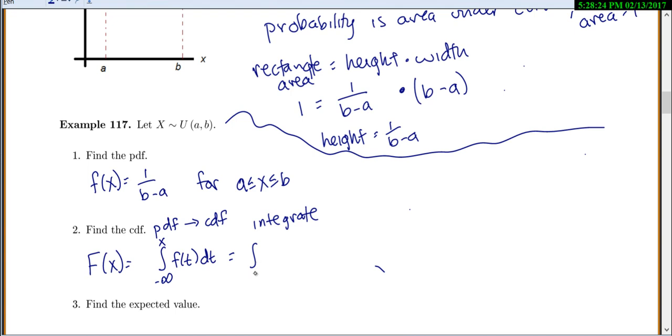In our case, our lowest bound is a, so we integrate from a to x. We put in a dummy variable t, but there aren't actually any x's in our PDF. That b minus a is just a constant. So it's the integral of 1 over b minus a dt. And when we integrate, we get x minus a over b minus a for x between a and b.